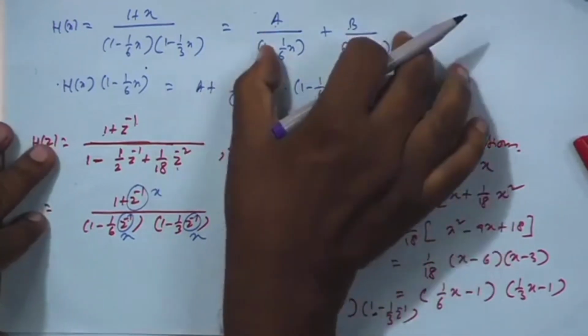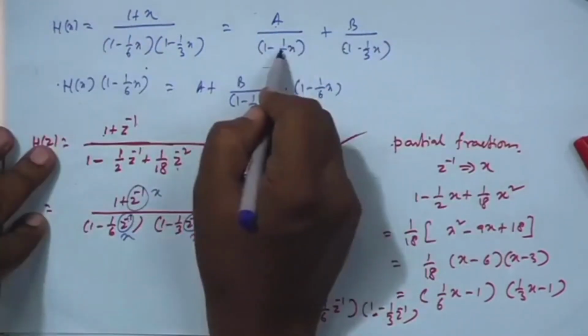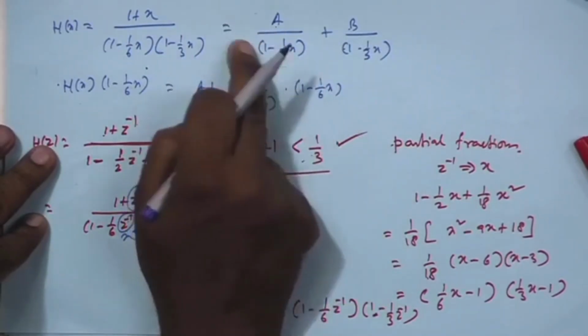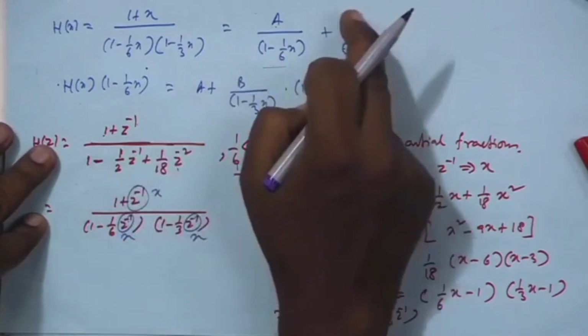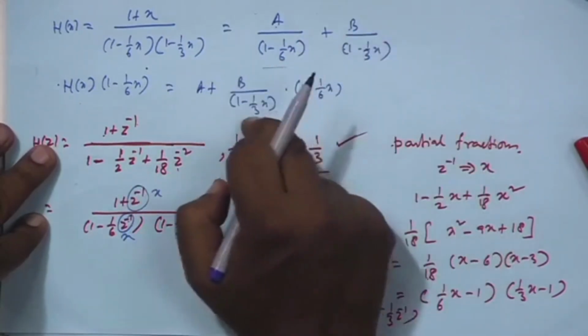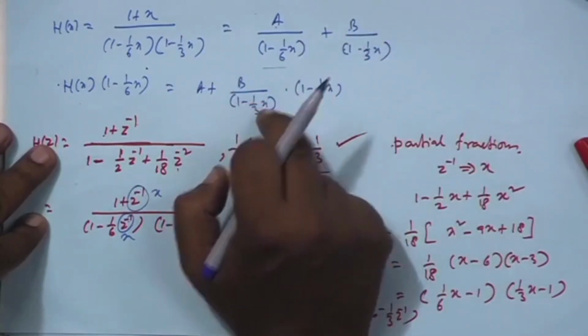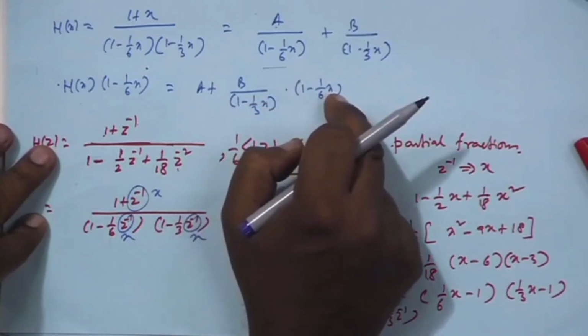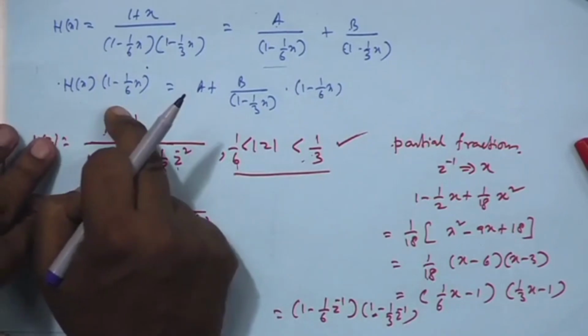I am multiplying right hand side also, left hand side also by this factor. This factor cancelled, I got A back. But because of B, no cancellation, so B by 1 minus 1 by 3 x remains, multiplied by 1 minus 6x.